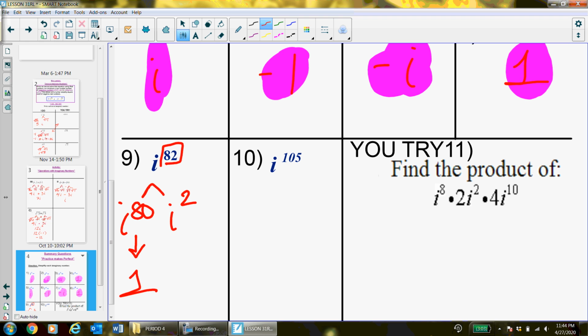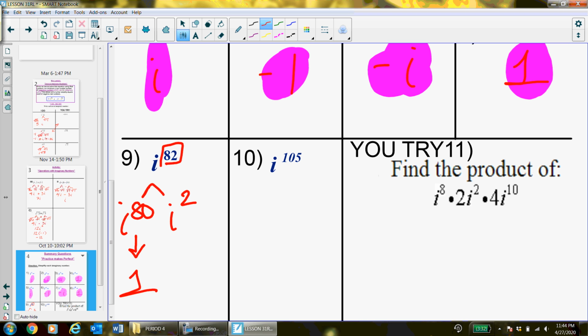So because 80 can break down by 4s 20 times, that means it would be 1 times 1 times 1, 21s, right? 1 times 1 is itself. Even if I have 21s lined up, multiplied times each other, it would still be 1. So that's why any exponent that's divisible by 4 for an imaginary number, the answer is 1.